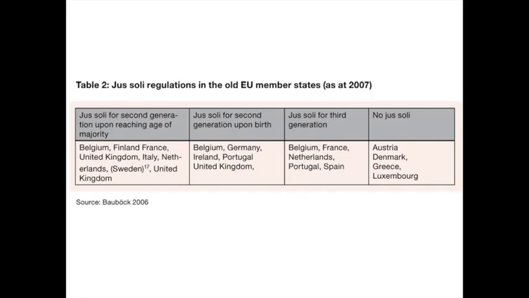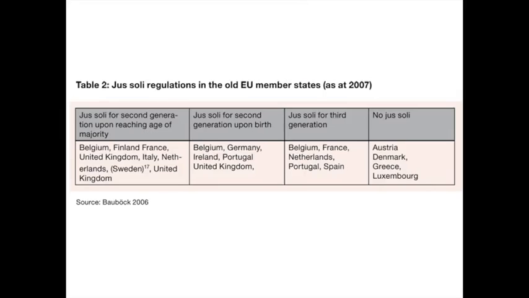One last slide is looking at how the European Union has changed over time in terms of jus soli regulations. You'll see here, as I was mentioning earlier, the United Kingdom has joined Belgium, Finland, France, Italy, the Netherlands. They award citizenship for the second generation upon reaching the age of majority.